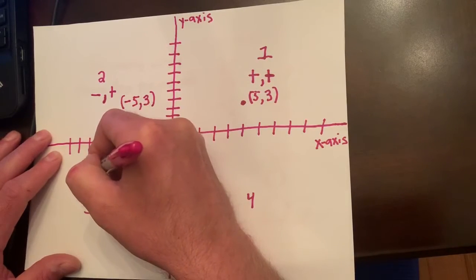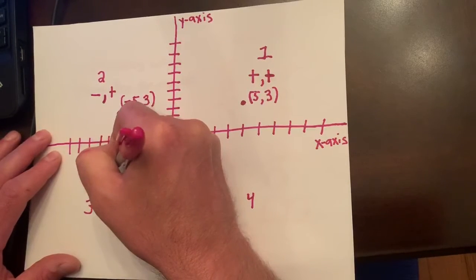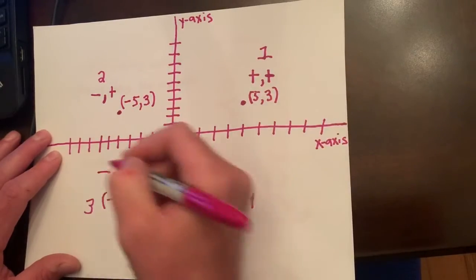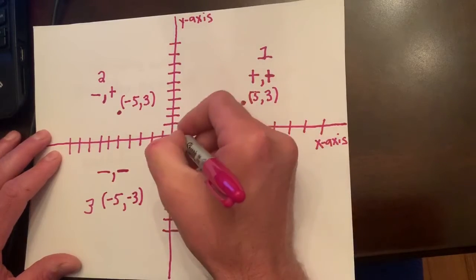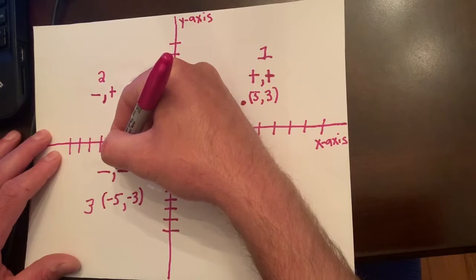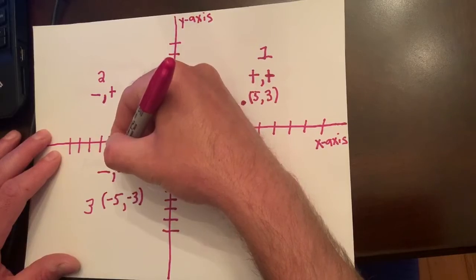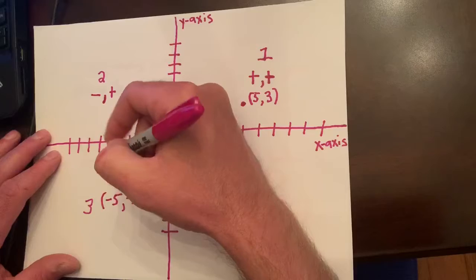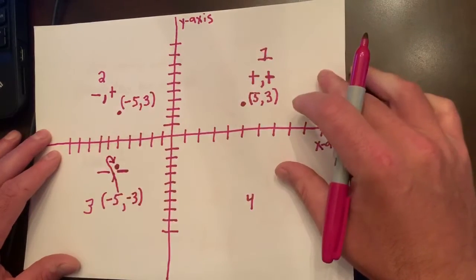So your x and y coordinate in the third quadrant will always be a negative and then a negative. You see that? So if I come across here, 1, 2, 3, 4, 5, and then down 3, about right here, kind of got in my way there of the negatives. So there's my negative 5, negative 3, right there.